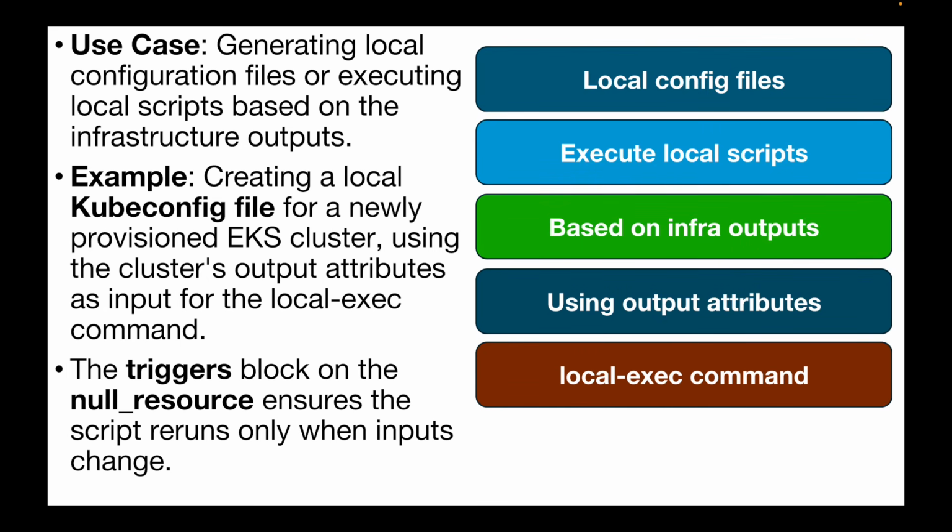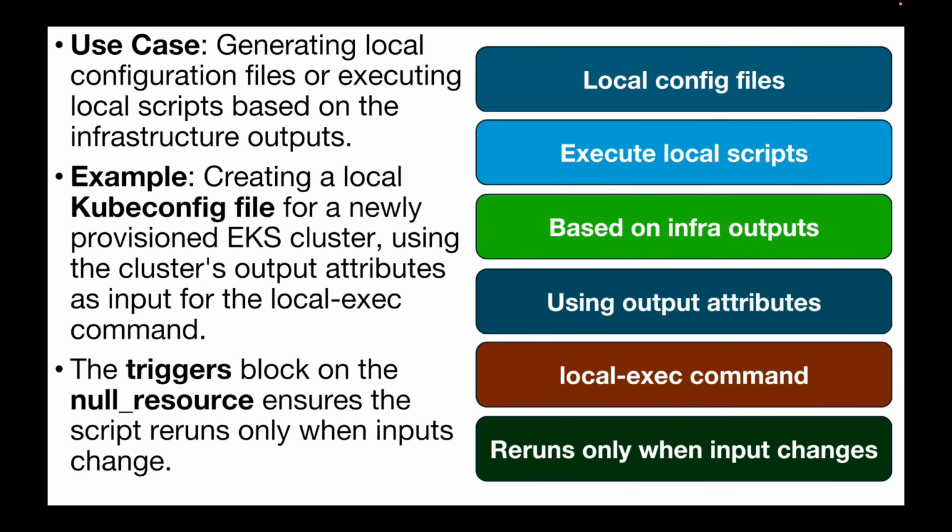The triggers block within your null_resource ensures the script reruns only when inputs change. So whenever you want to create something on the local machine, that's when you can make use of local-exec. With null resources, you don't want to create any resources, but you want to take some action based on the resources' input.